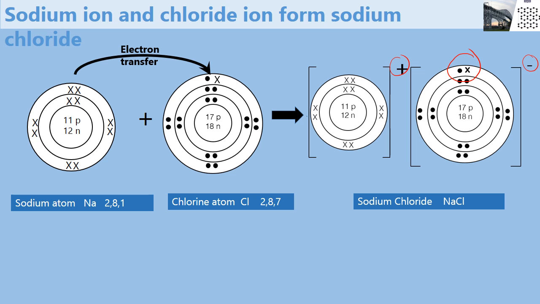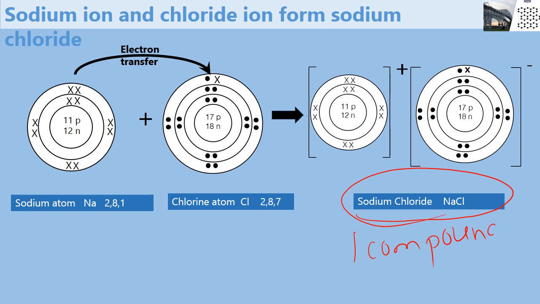Now, from our previous knowledge, we know that opposite charges attract. So the positively charged sodium ion is attracted strongly to the negatively charged chloride ion to form sodium chloride as one compound, and not 2 separate ions, but they are combined to form one compound.